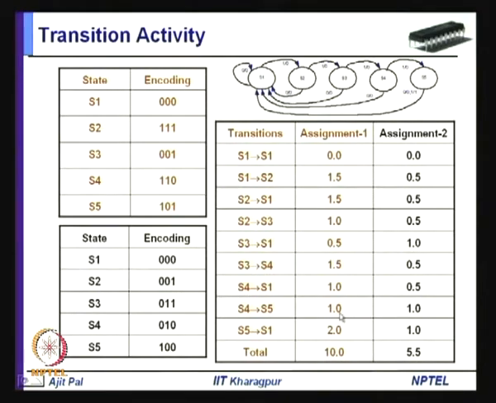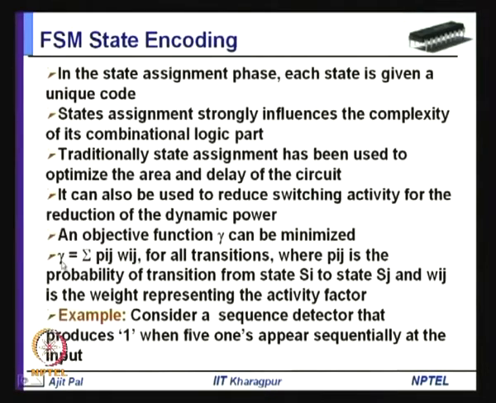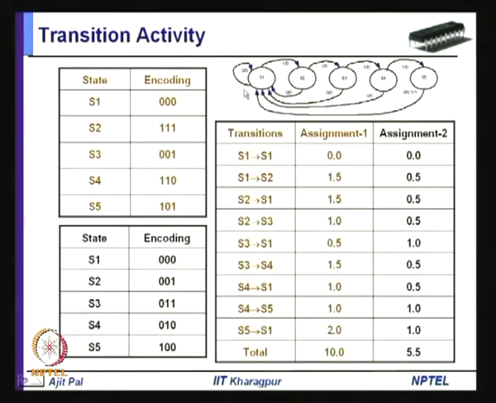So, it is 1 into 1. So, it is 1. So, we have taken into account all possible transitions and multiplied with the probability along with their transition weightage, that is Pij and Wij, which I have already mentioned, this gamma Pij into Wij, and found out this table.